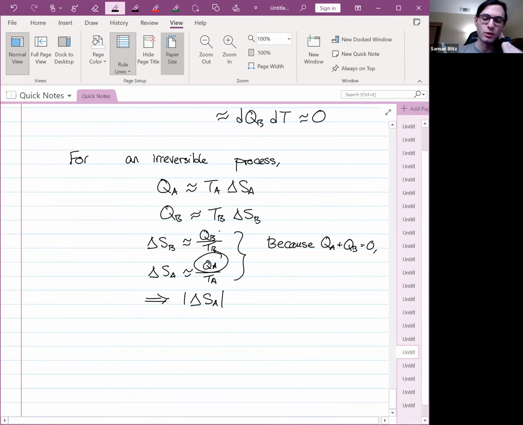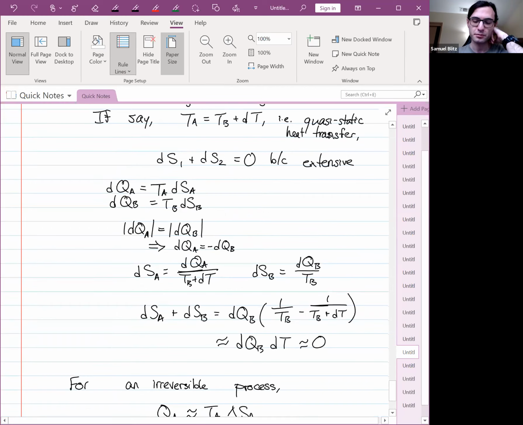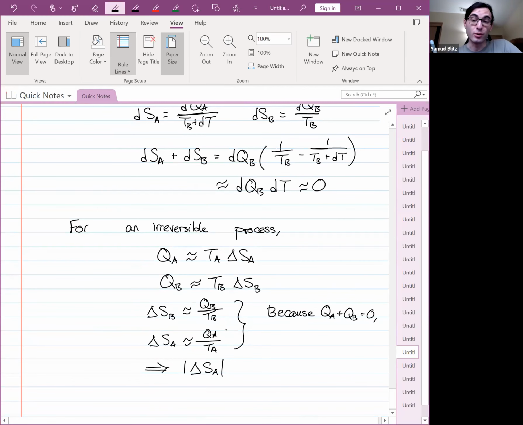if they have the same Q, right, same magnitude anyway, then the one with the higher temperature will be the one that changes its entropy the least. So because A is at a higher temperature than B, Q over TA will be smaller in magnitude than Q over TB.